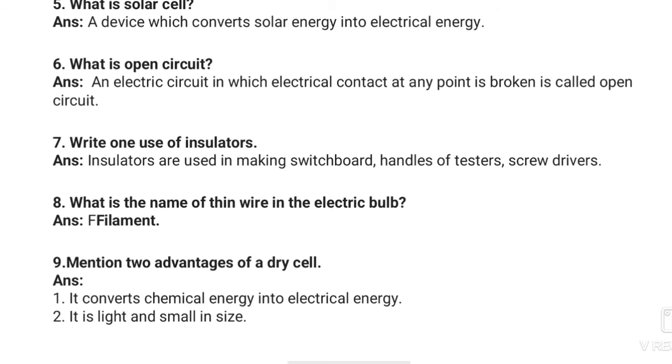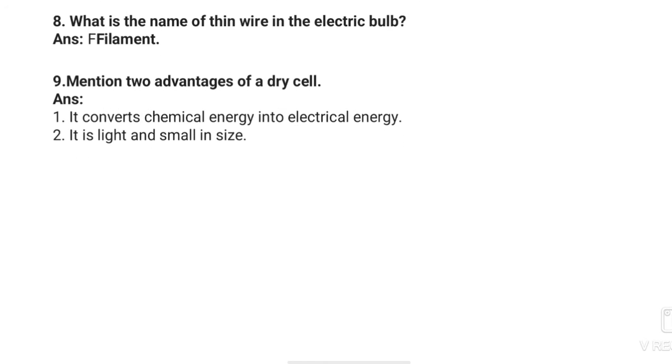Now next question: mention two advantages of a dry cell. First, it converts chemical energy into electrical energy. Student, whenever we start any material like a torch or battery, many materials, it converts chemical energy into electrical energy.